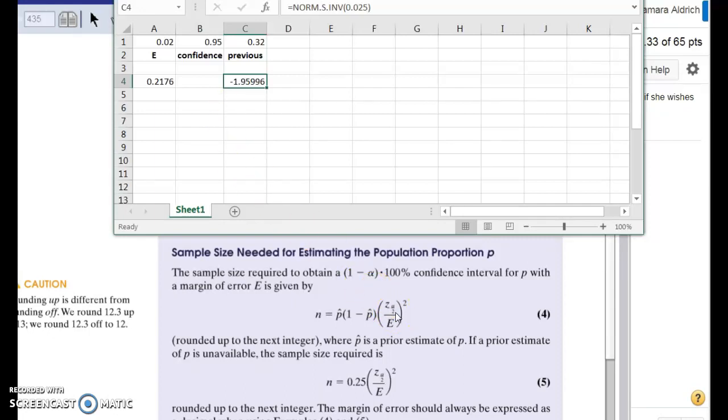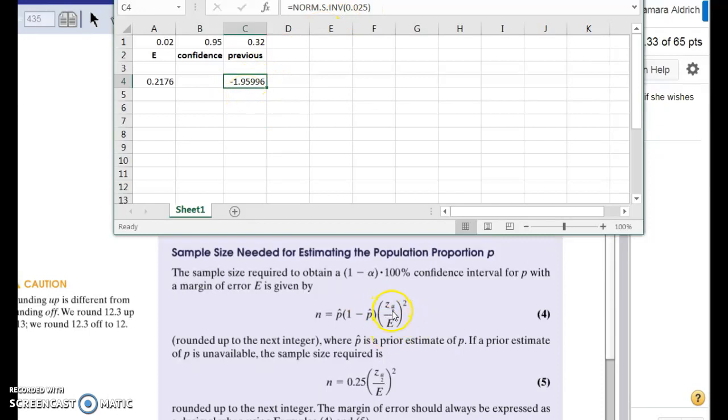So we actually want to find the cutoff numbers for our distribution that are going to put 2.5% in each tail, because 2.5% in each tail is 5% total in the tails. So if you use the normal distribution, the inverse of having 2.5% in the tail, it gives you the critical value for that.